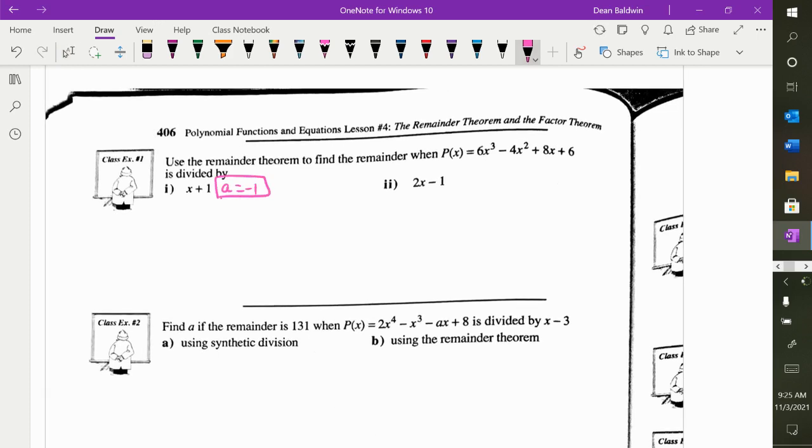All right, what do I do with that A value? Plug it in for x. -12.